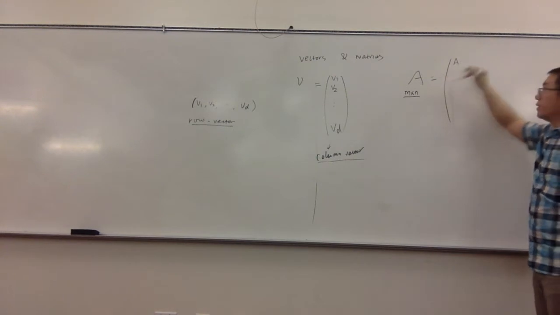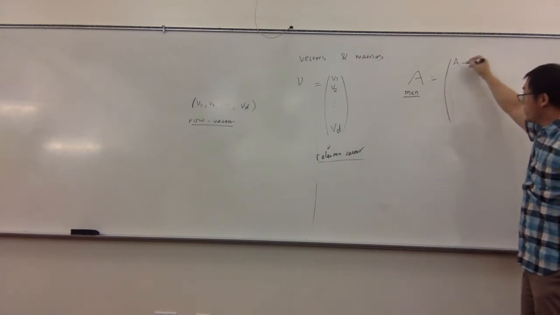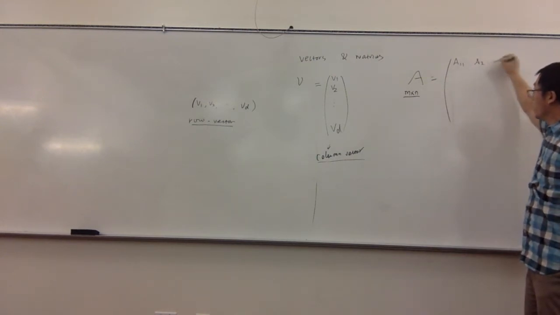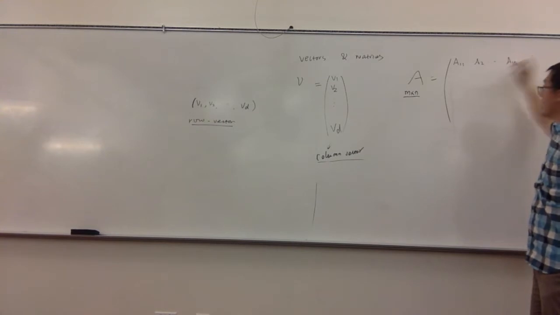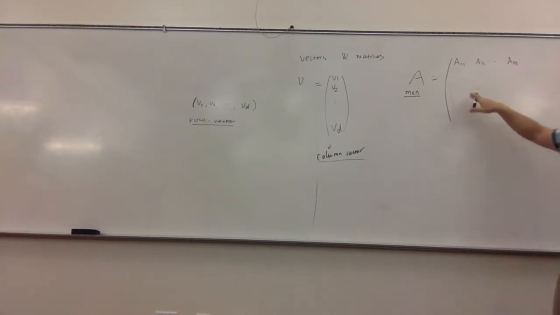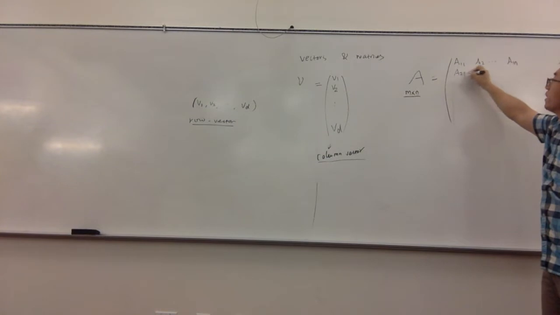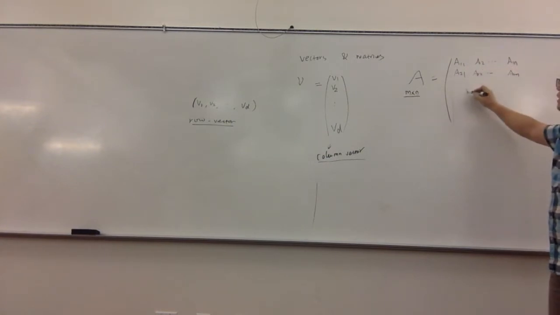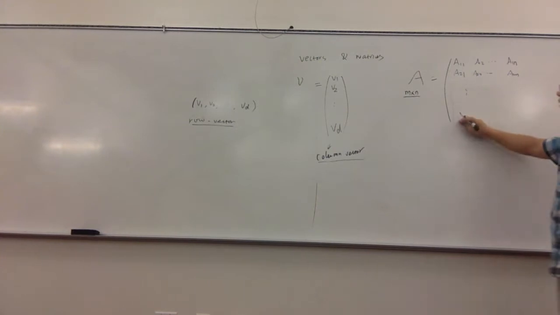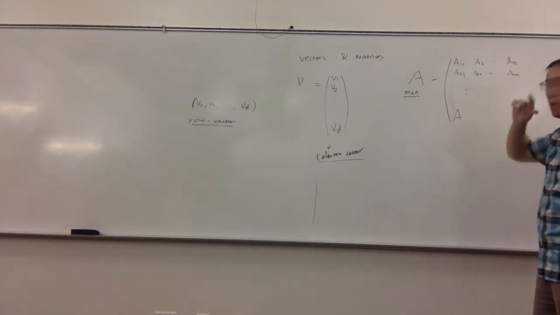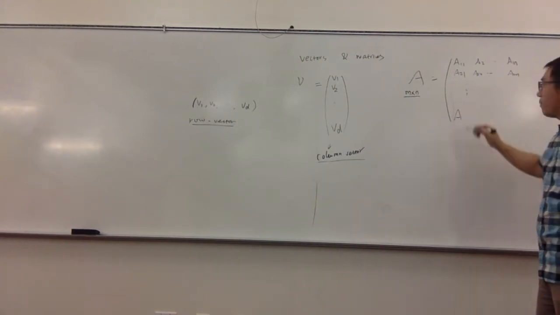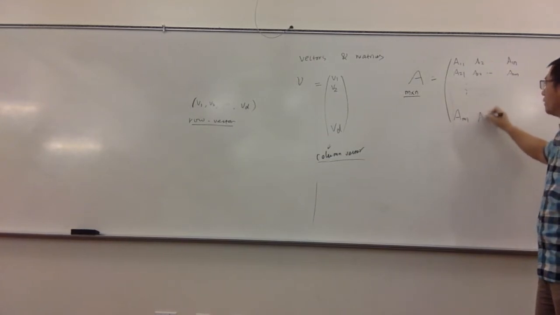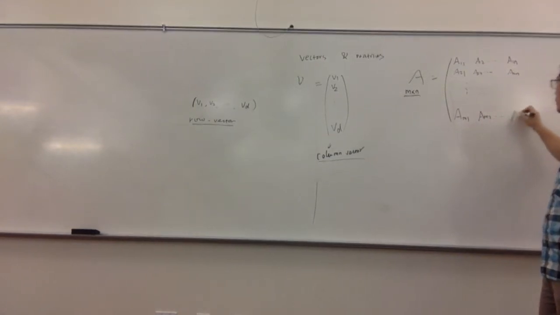The first row is A11, A12, until A1n, right? Because it has n columns. The second row is A21, A22, A2n, and we can enumerate in this way, and finally we end up with the mth row. It's Am1, Am2, Amn.